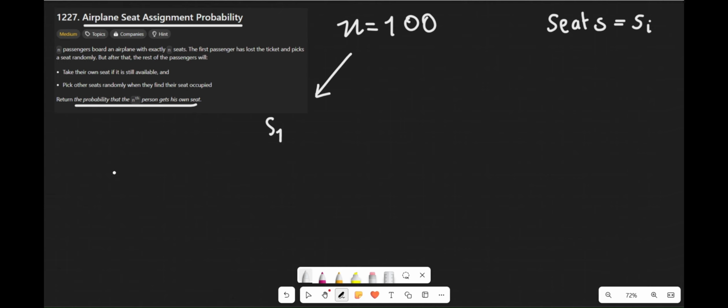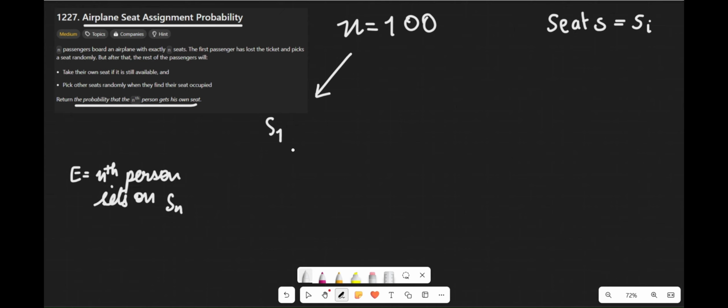In this case, let's say our event E is that the nth person, the last person, sits on the nth seat, meaning their own seat. That would be Sn.